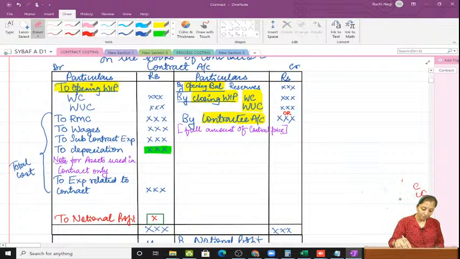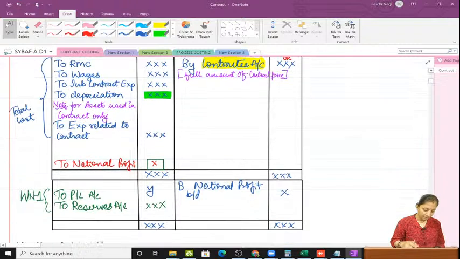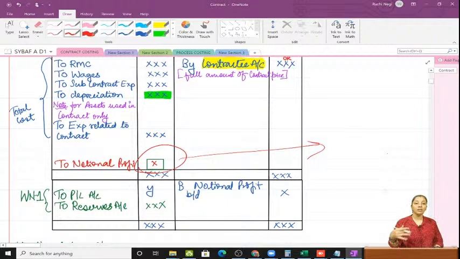Next, now see, इसके related आपको small conceptual sums आ सकते हैं. Then you will get your notional profit. Now once you get your notional profit, students, now your real work starts. After that you have to check your percentage of work certified.